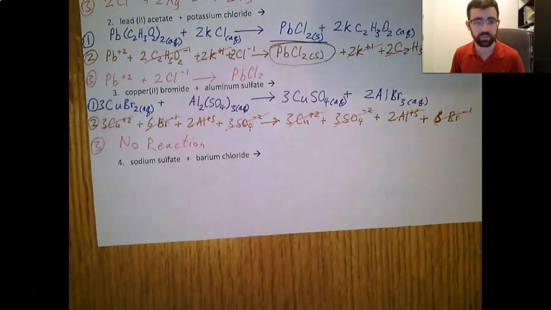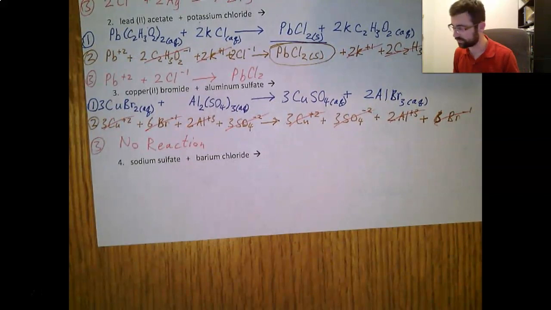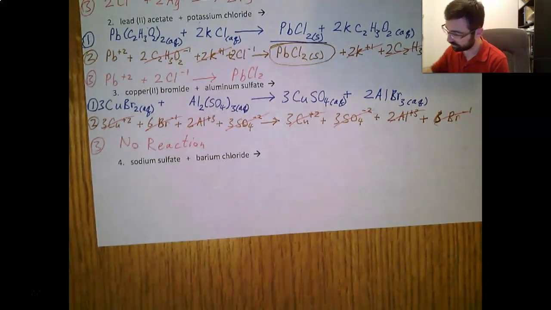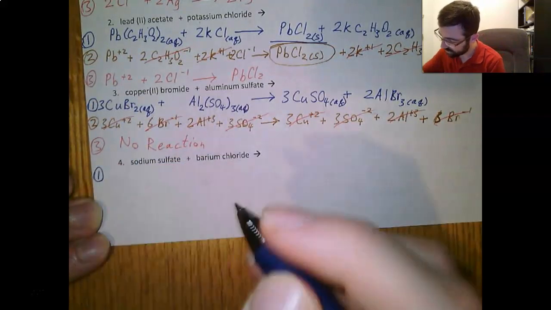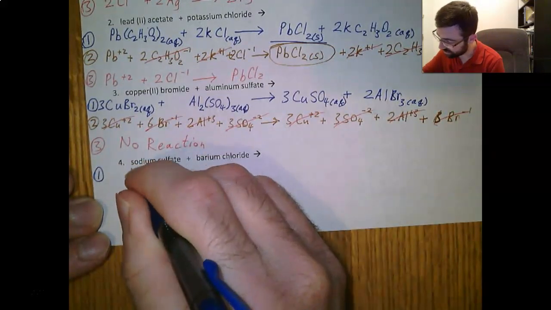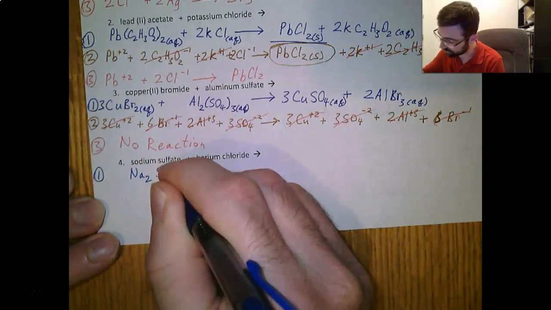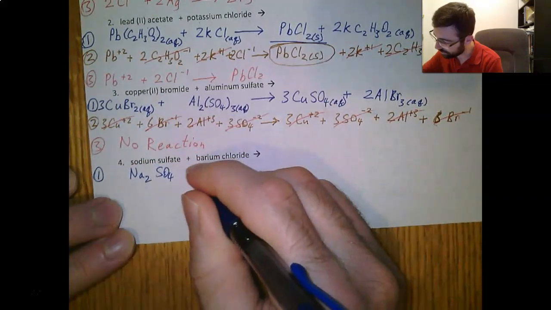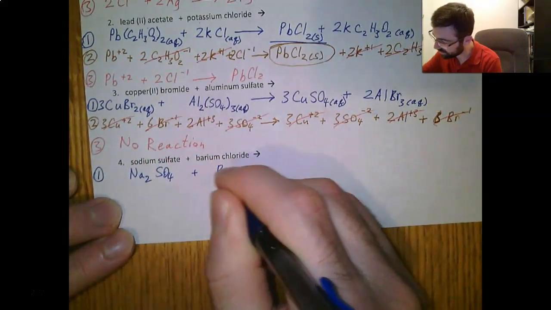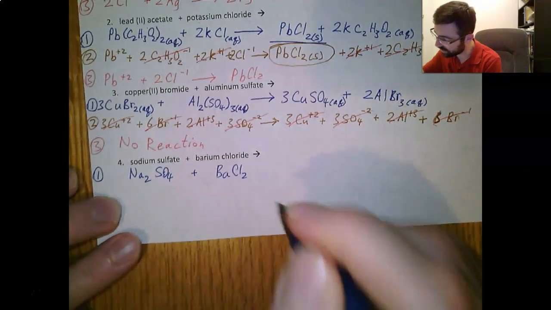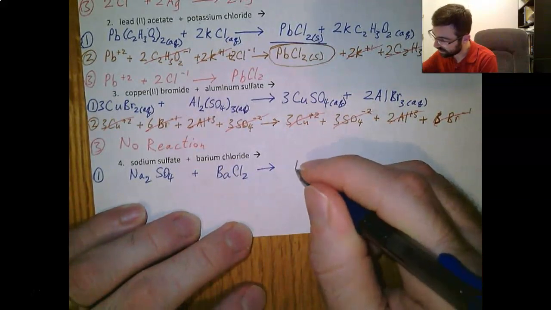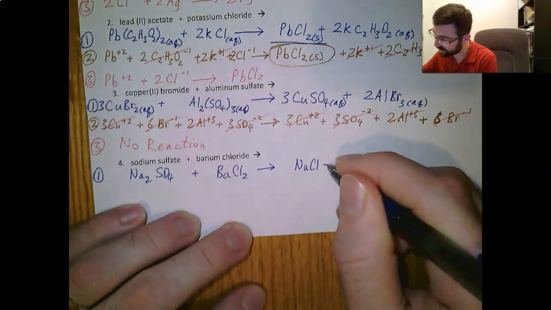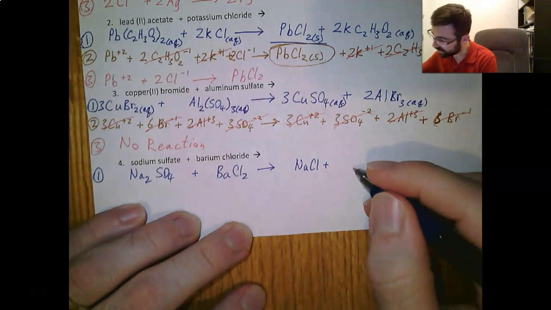Sodium sulfate, barium chloride. Na2SO4 plus BaCl2 yields NaCl plus BaSO4.